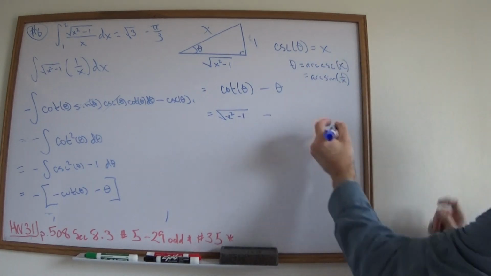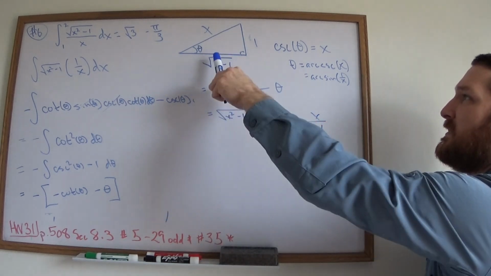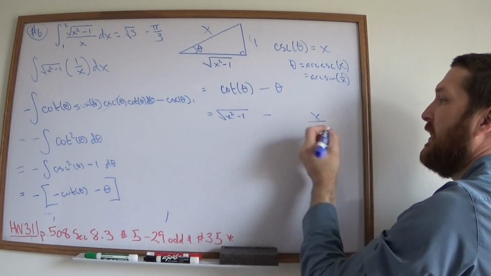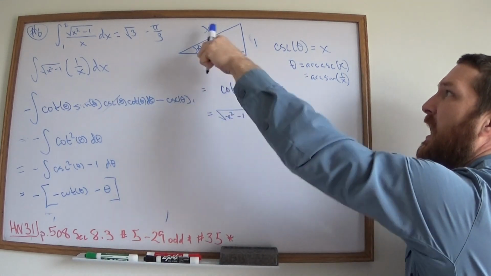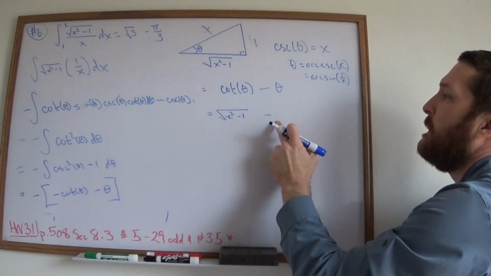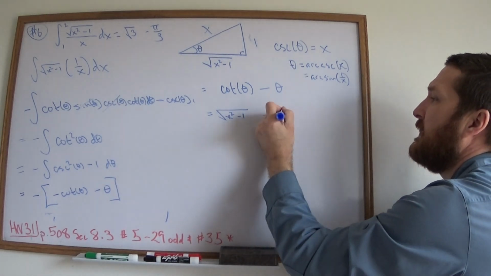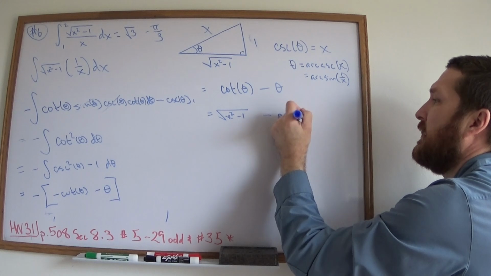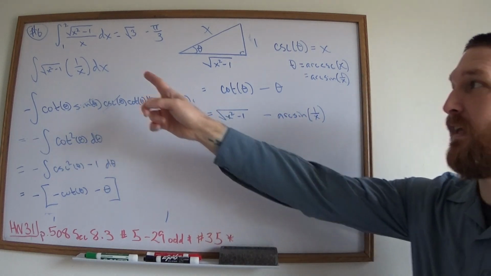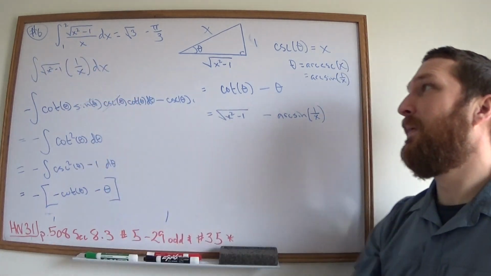If x over 1 is cosecant, then 1 over x is sine. Oh yeah, well that's easy enough. So minus theta is the same thing as minus arc sine 1 over x. Hopefully you're not evaluating that guy at 0.